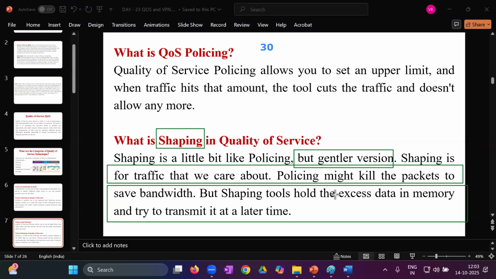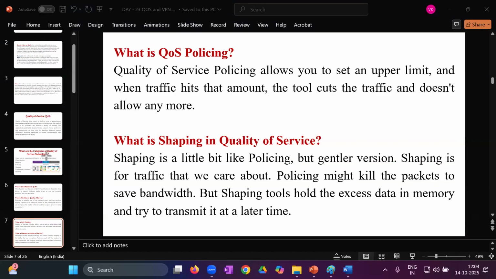It means you have been told to use 25 Mbps, and it is using 30. In that case, you will not kill the packet, you will not allow it to transfer, you will just hold it, and whenever the bandwidth is available later on, you transmit it again. So policing kills the entire packet, whereas shaping does not kill but holds it in memory and transmits it at a later time. That's why shaping is a gentle version compared to policing.